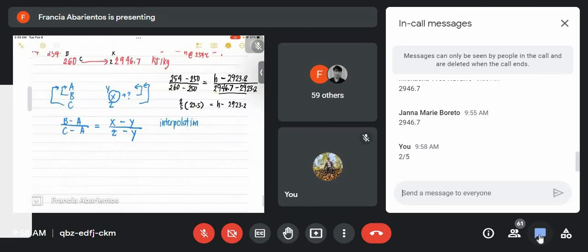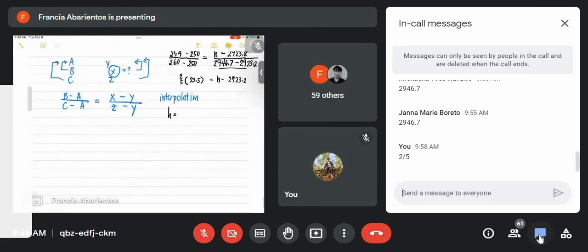In finding the H, what happens, class? H equals 2923.3 plus 2/5 of the difference.